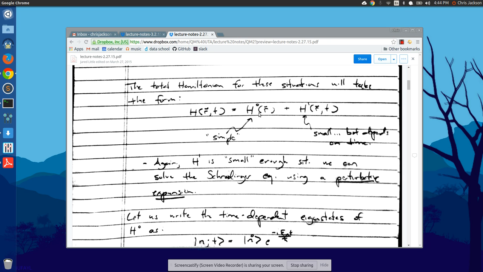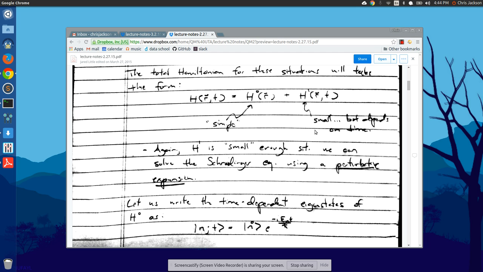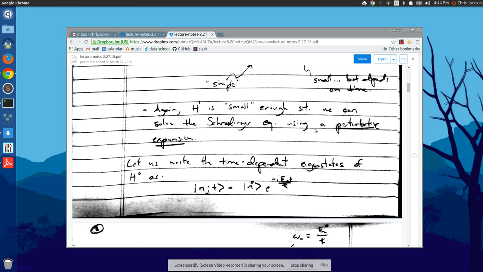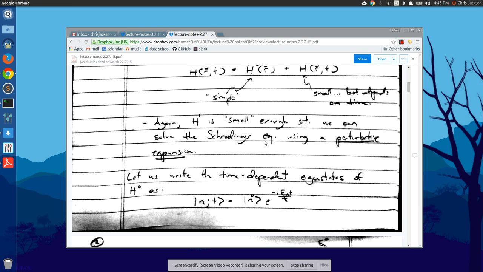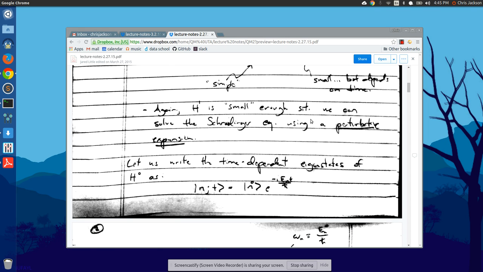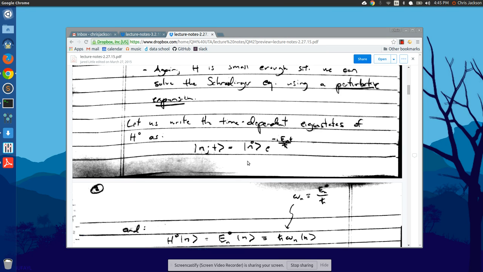Our Hamiltonian, like I said, can be split into the simple and the small piece, but now the small piece depends on time. So we have a couple of sources of time dependence. There's the time dependence coming from the Hamiltonian that we're introducing, but we also know that there are time dependent states as time evolves.